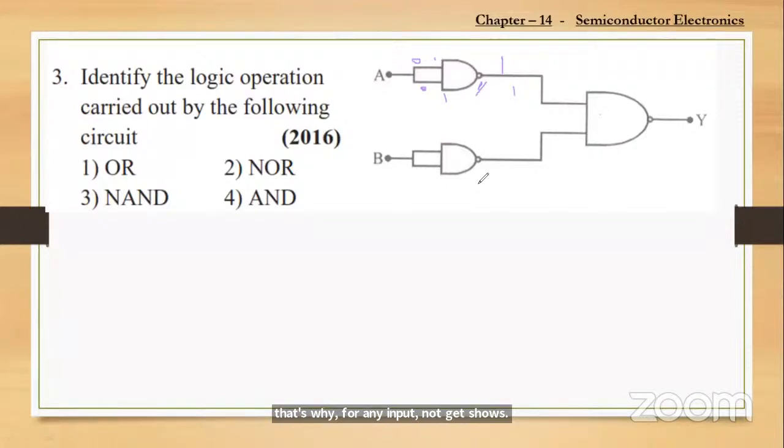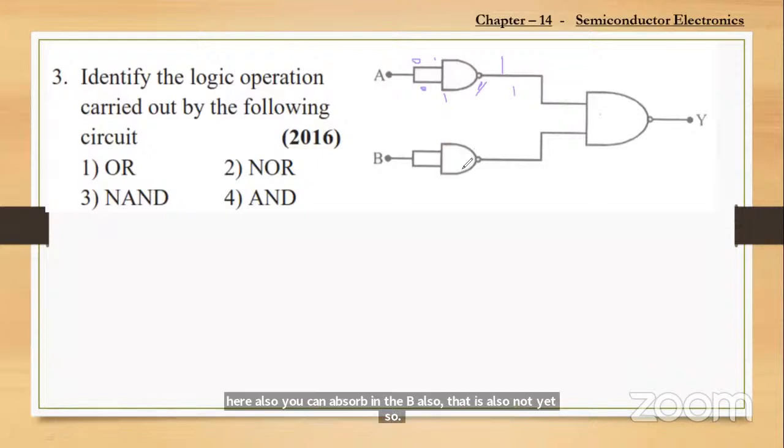If 0 is there, then 1, and the input and output will change. Similarly, in B also, that is also a NOT gate. So these two are NOT gates, and a NOT gate could be used for the inverse function also.